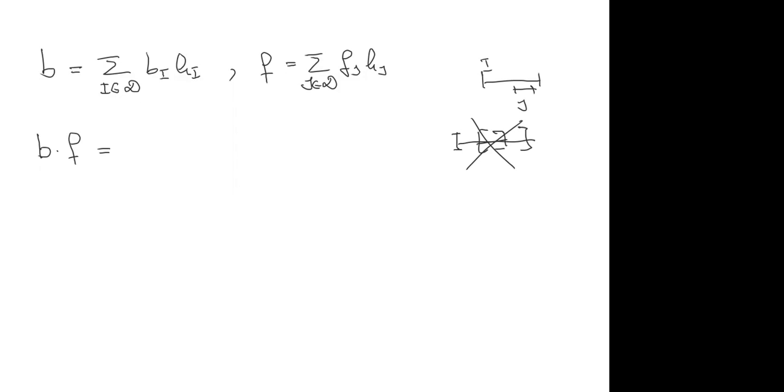And so that means I can get only three kinds of terms. Either I and J are the same when I multiply.